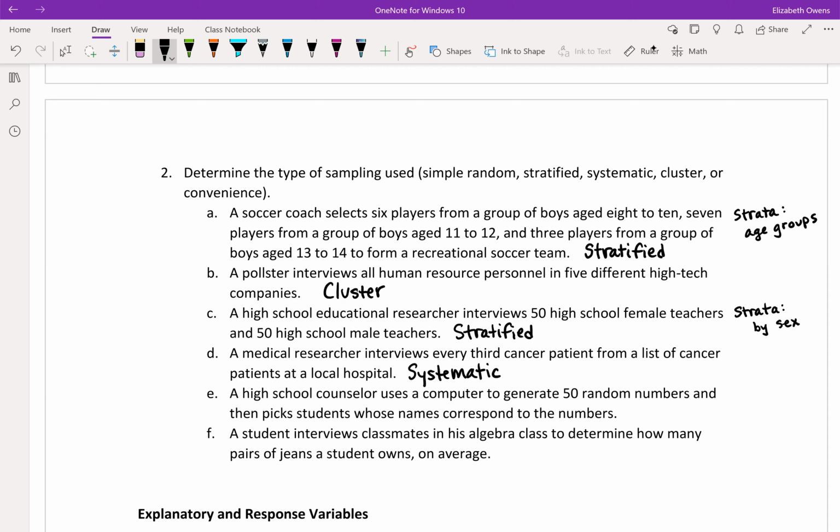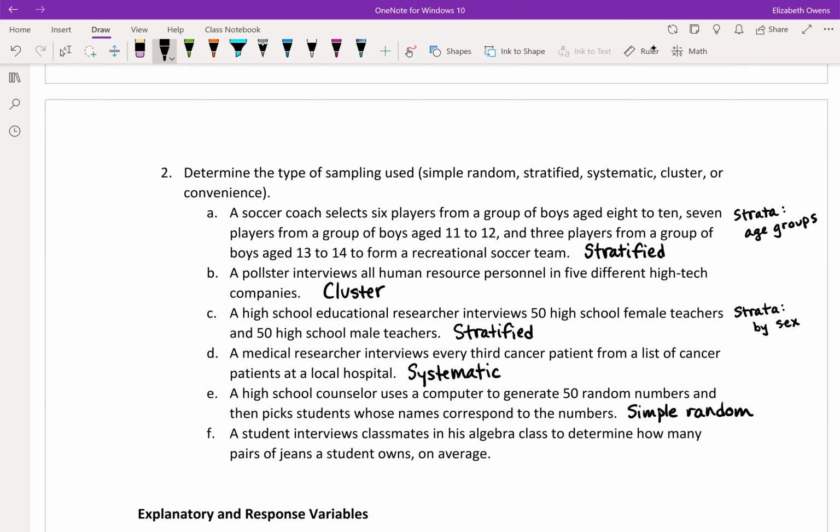There's no description of a system, like every 4th student or anything. This counselor is just using the computer to generate 50 random numbers. This is simple random sampling. Not breaking it down any further, but you get your random numbers, you pick the corresponding students.